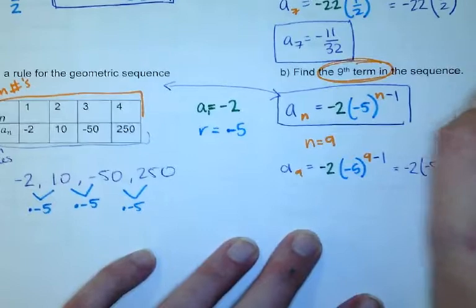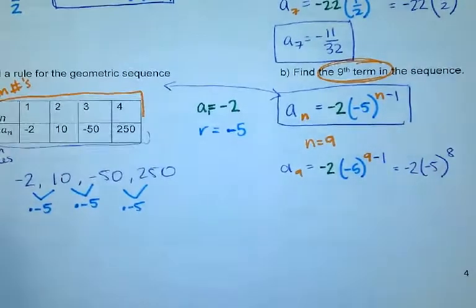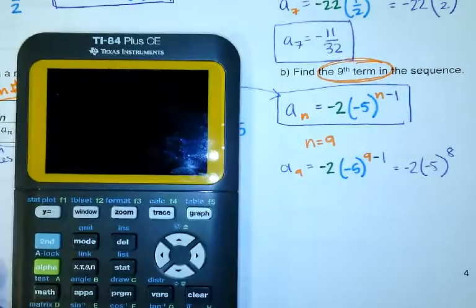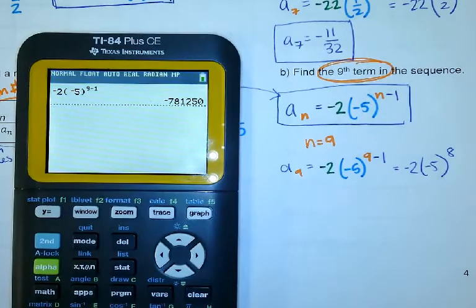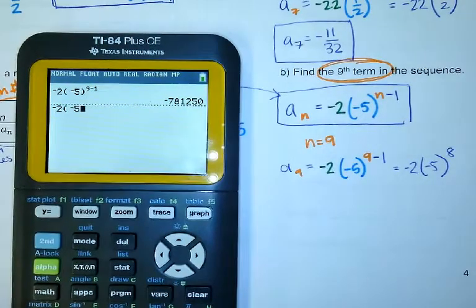So we go here and we say -2 times -5 raised up to the 9 minus 1. Oh. Did I do something wrong? Okay. -2 times -5 raised up to the 8th power. Is that right? Okay, are you guys good with that? So this right here would be raised up to the 8th power.